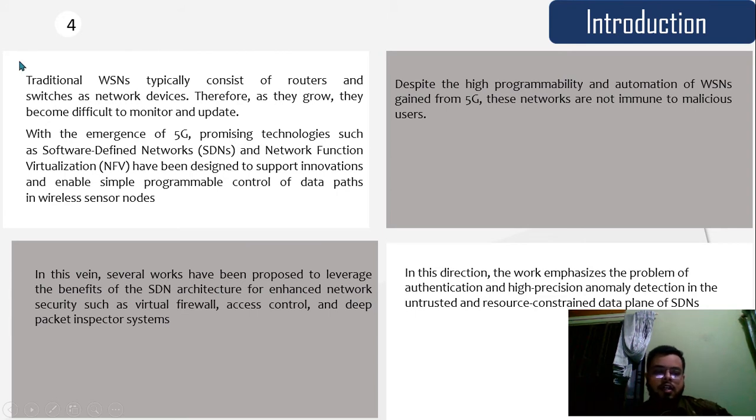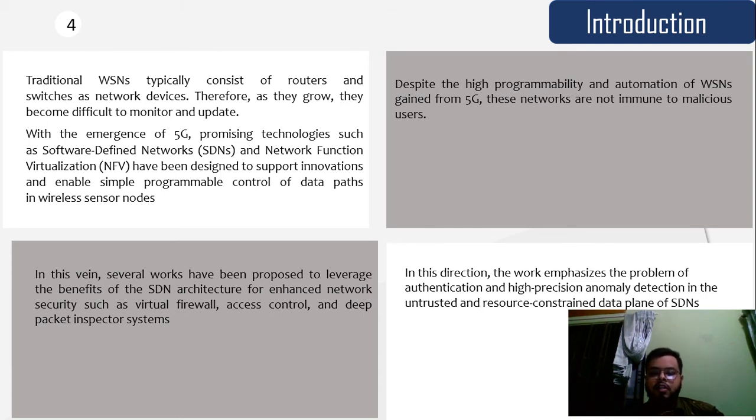In this vein, several works have been proposed to leverage the benefits of SDN architecture for enhanced network security, such as virtual firewalls, access control, and deep packet inspector systems. Though several security measures have been implemented, they do not provide enough measures to prevent attacks.